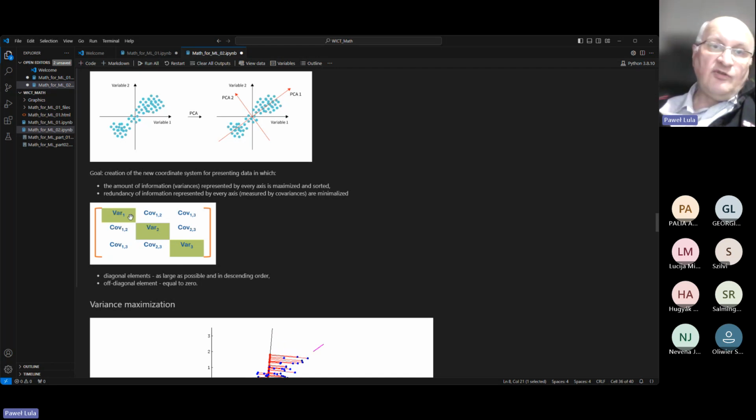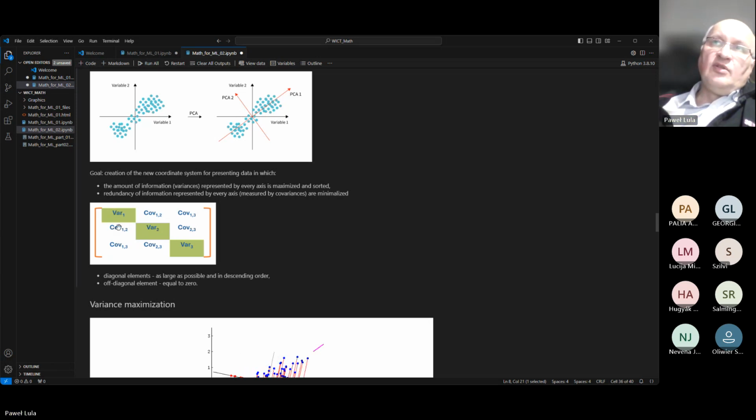And we know that variances are equal to eigenvalues calculated for variance-covariance matrix for original data, and we have values equal to 0 here.